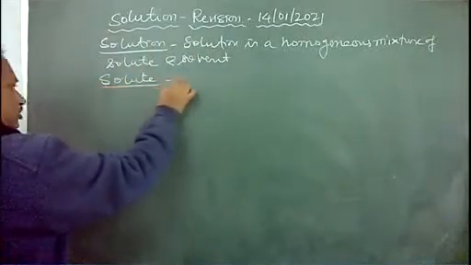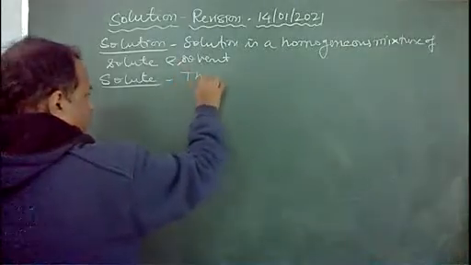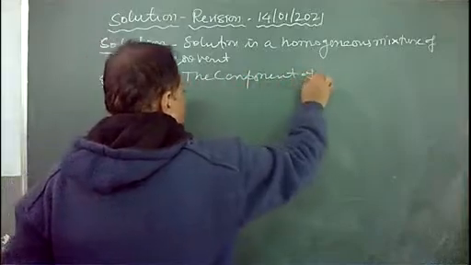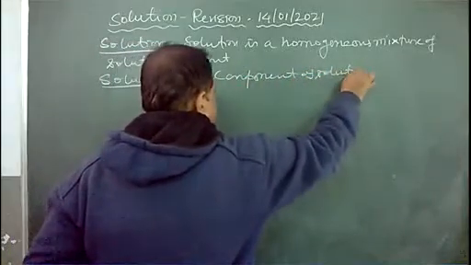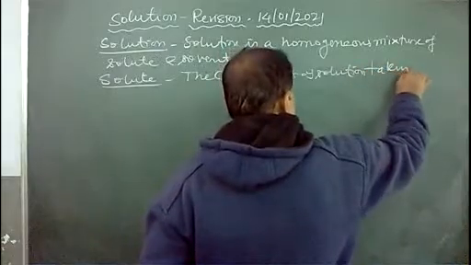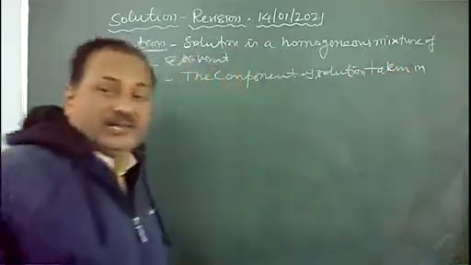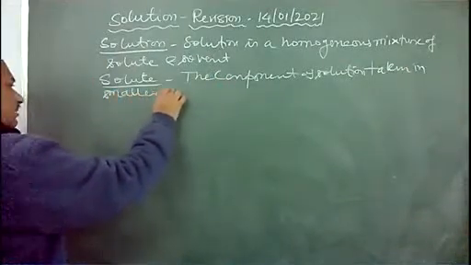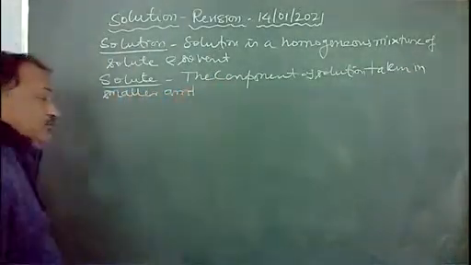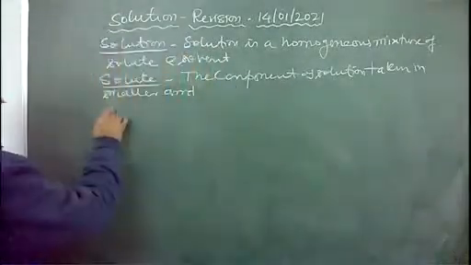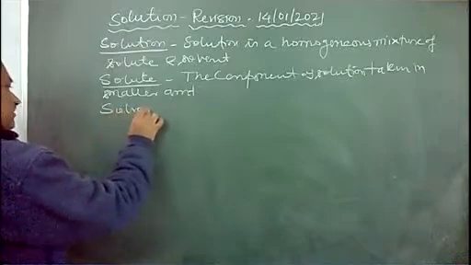solute. So solute is the component of solution taken in a smaller amount, is called a solute. So children, this you have to keep in mind. Now next is solvent.